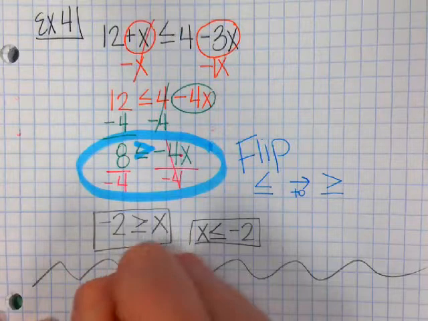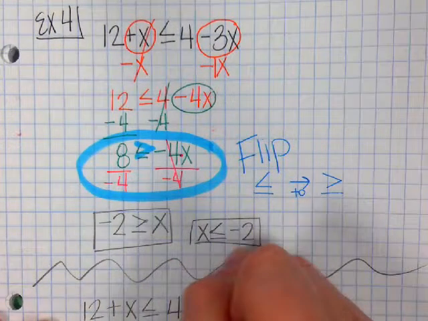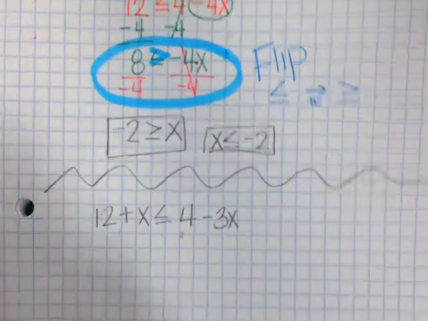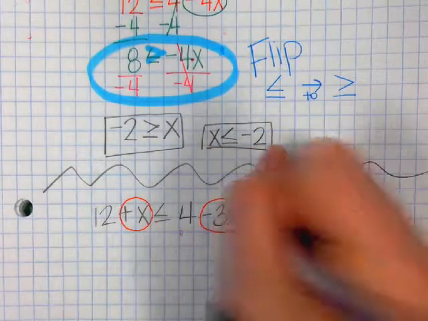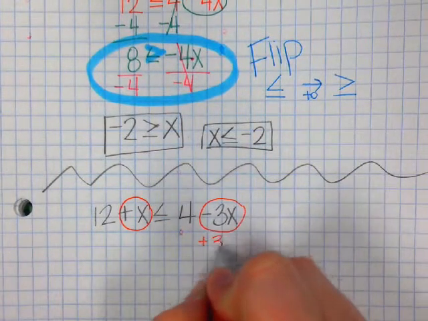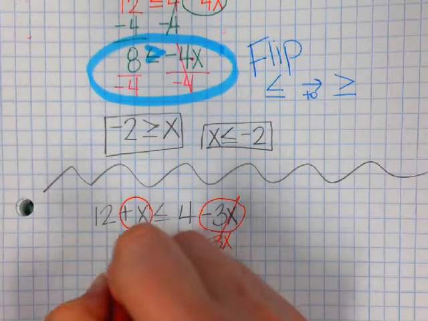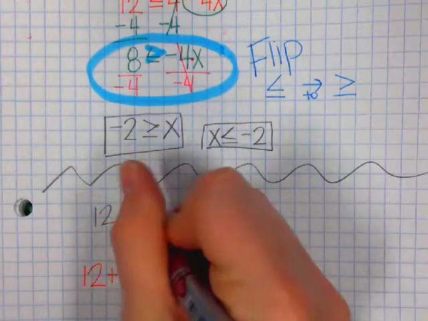Instead of moving the x, I'm going to move the negative 3. So if we have 12 plus x is less than or equal to 4 minus 3x, I'm going to do the same exact stuff, just this time I'm going to go the other direction. So I'm going to add the 3x and add the 3x.